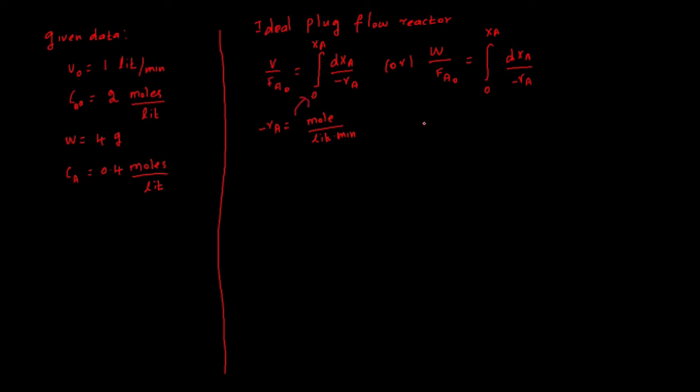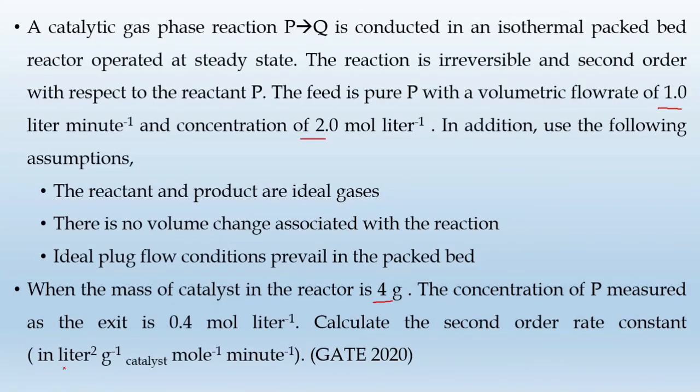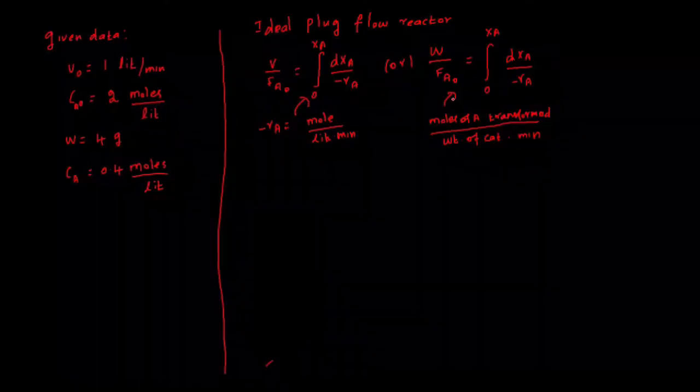If it is expressed in terms of moles of A transformed or disappearing per weight of the catalyst per minute, we can go for this equation. In the problem, we need to calculate K in terms of liter power 2 per gram of catalyst mole minute. Therefore, let us go for this equation.